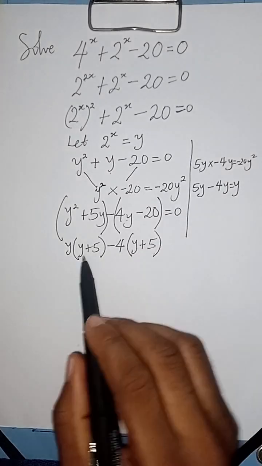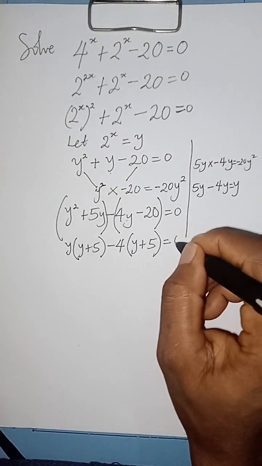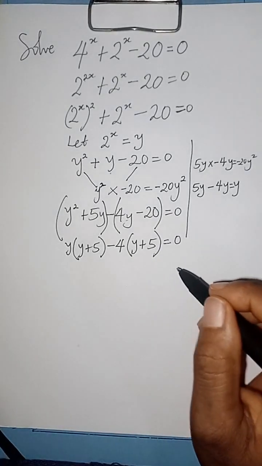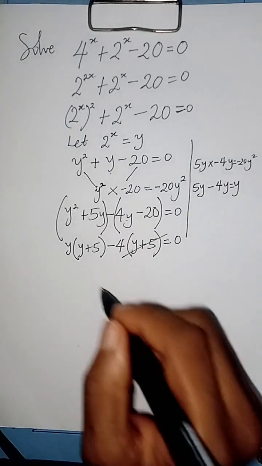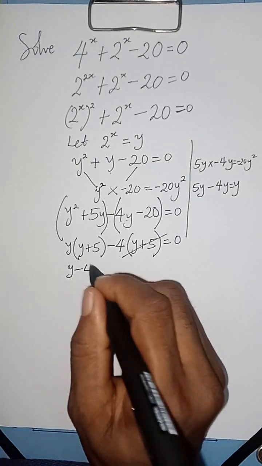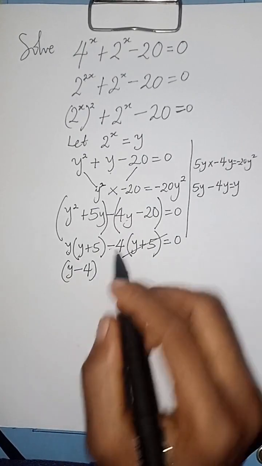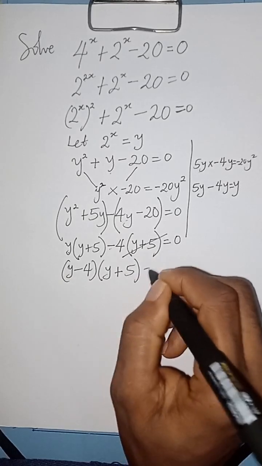So you see what you have in this first bracket must be what you have in this second bracket to complete the factorization process. After doing that, you can take one of the brackets away. So this is y minus 4, and pick the second bracket, y plus 5, equal to 0.